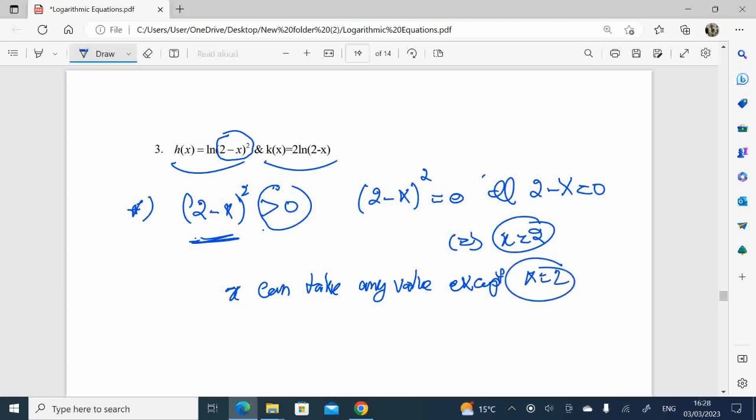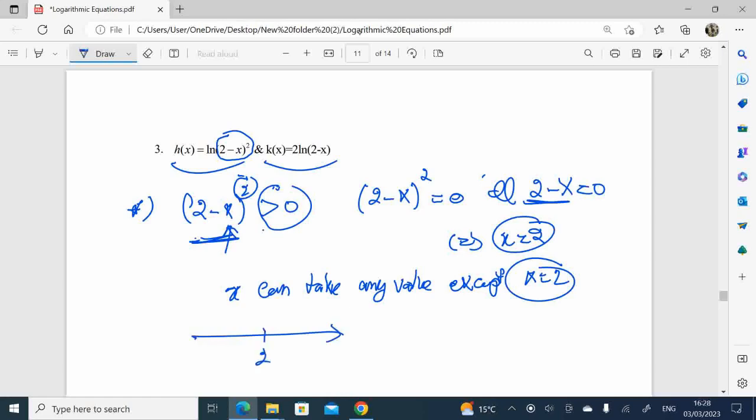If I substitute here instead of x any value, positive, negative, anything, when I square it, it's going to be positive, right? So the only problem here is when 2 minus x is equal to 0, which means when x is equal to 2. So my domain will be everything except 2.